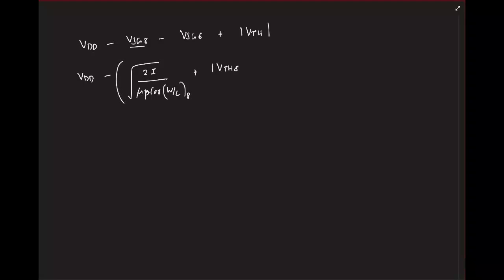So you need a voltage which is VDD minus overdrive of M8, or just a mod VTH, right? And again, what is VSG8? If you assume square law operation, it's going to be square root of 2I by mu p COX times W by L of the transistor M8, plus mod VTH of M8.